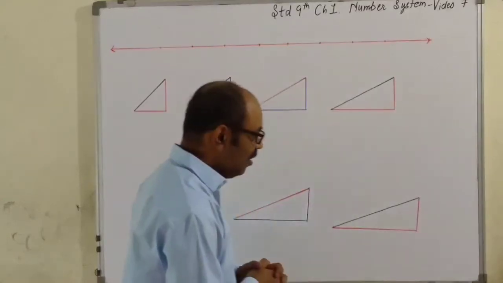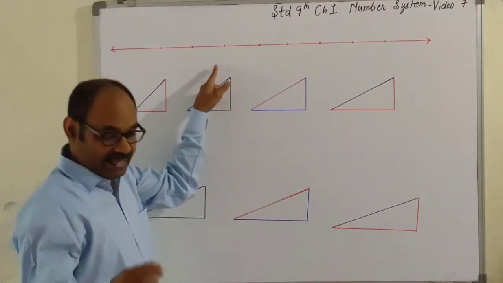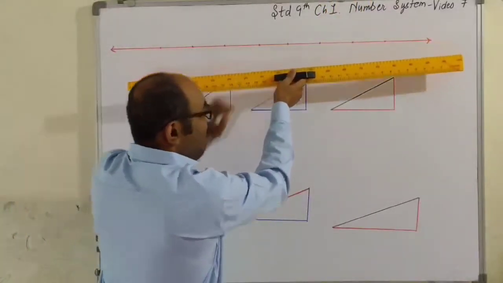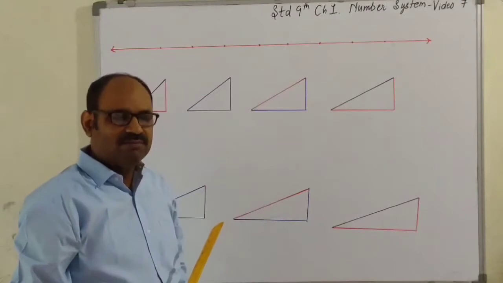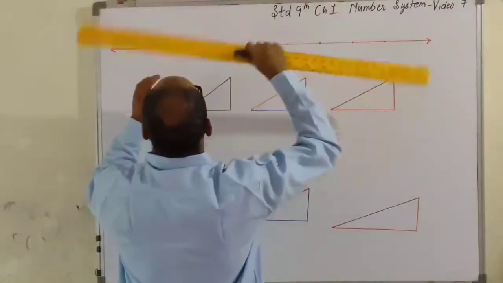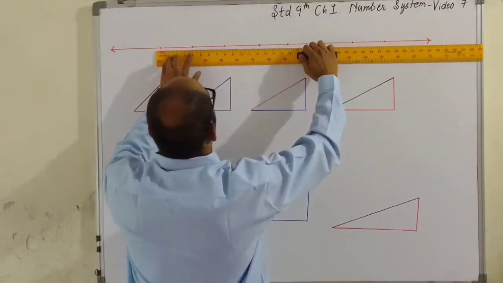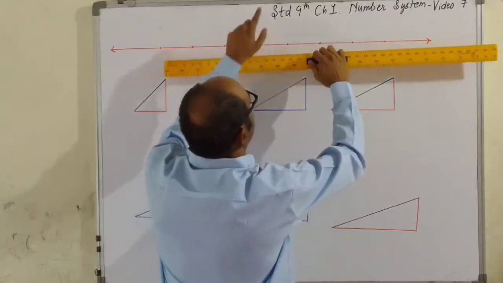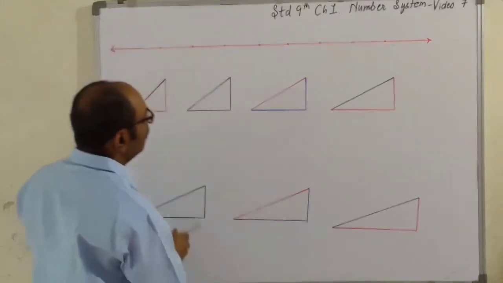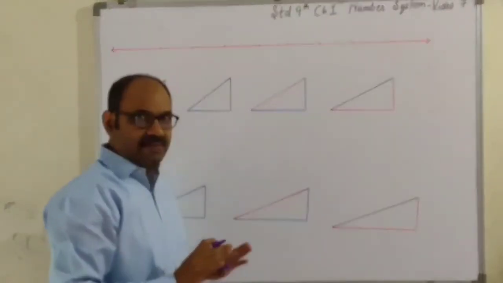Okay. First thing, I've drawn a number line. This time I've taken care that this distance are perfectly equal, though there may be slight error. See, I've taken that as 0 to 4, 4 to 8, 8 to 12. Perfectly I placed that. In short, this equal distance is very well maintained.